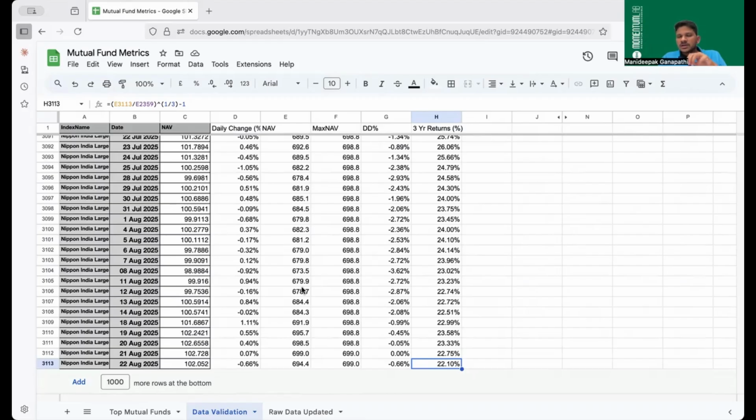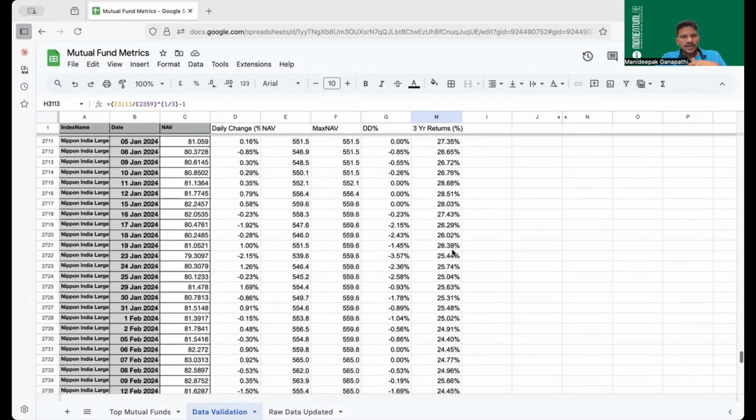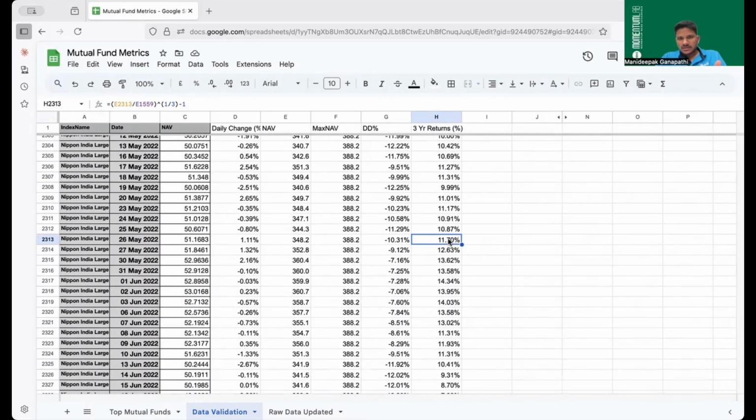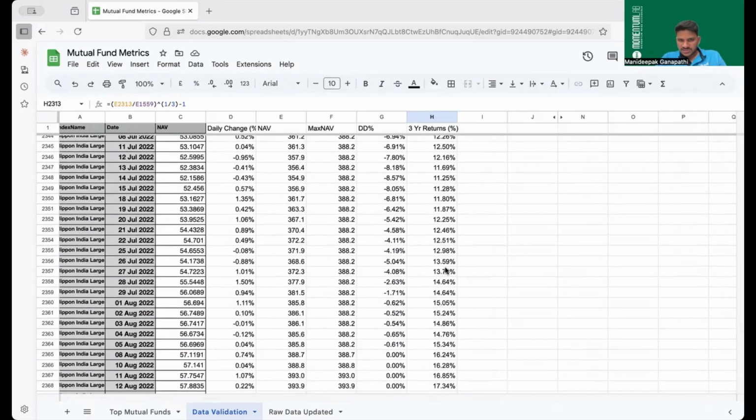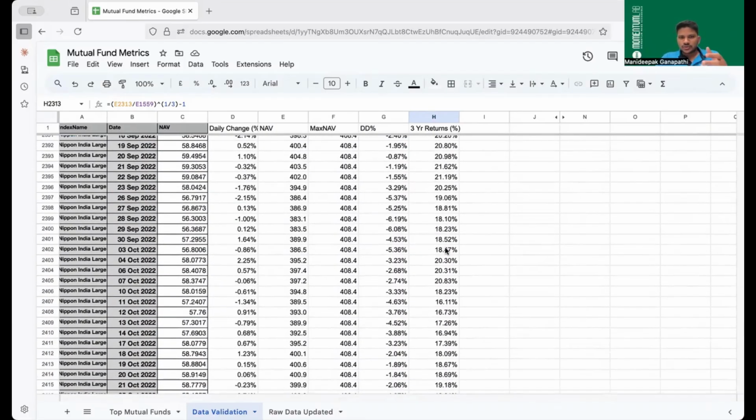It's important to look at how these 3-year returns changed over time, and how this fund performed in different market conditions and market regimes. The latest 3-year CAGR is 22.1, but if you scroll up further, at one point it was much lesser than 22%. It's in the range of 10 to 11%. There were times it was less than 10%. There were times it was in the range of 18 to 20%.